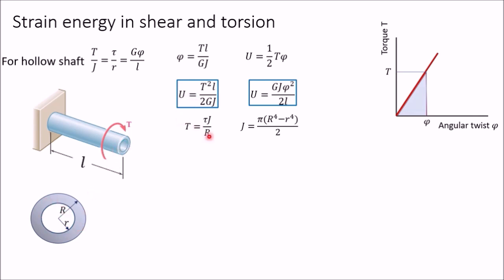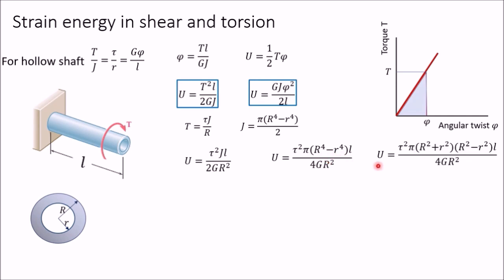Now again put this value of T in this equation and simplify. Now this is R raised to 4 minus r raised to 4, a square minus b square, so using the formula a plus b into a minus b, you will get R square plus r square and R square minus r square into L.